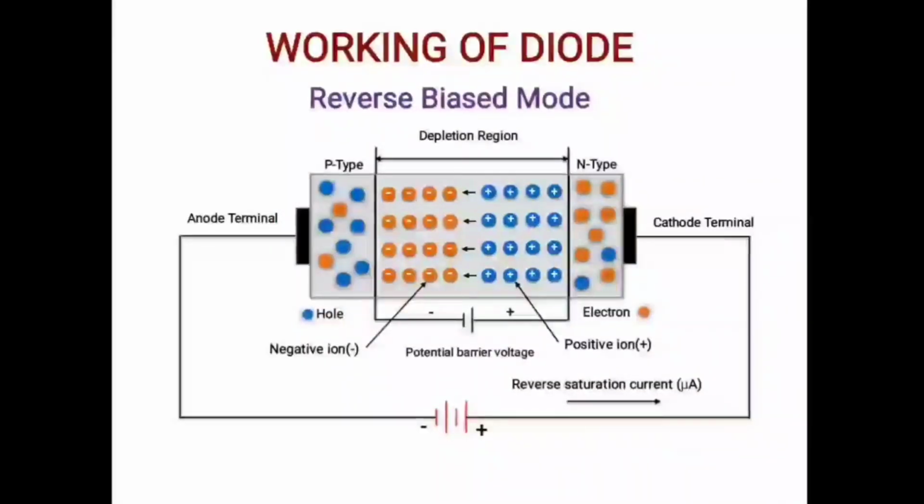It does not depend on external applied voltage, only depends on temperature, and it reaches its maximum level very quickly. If we increase the reverse bias voltage, it also does not change significantly. But there is a maximum limit on the reverse bias voltage.